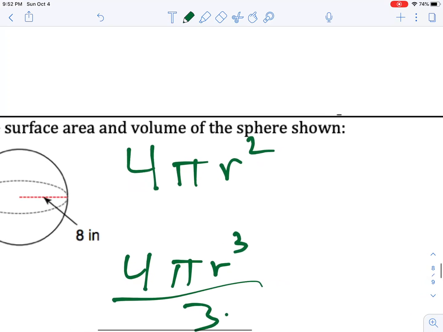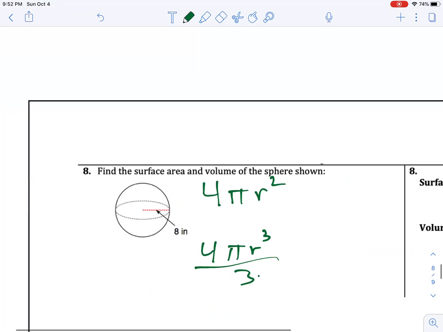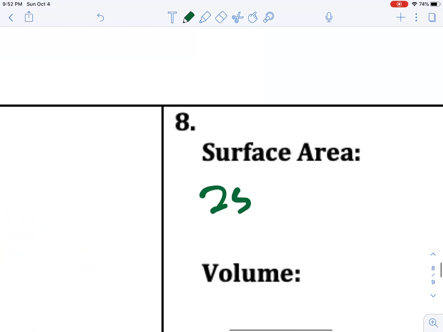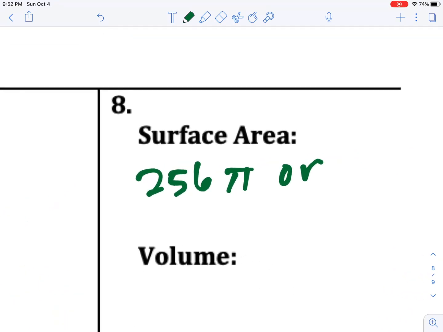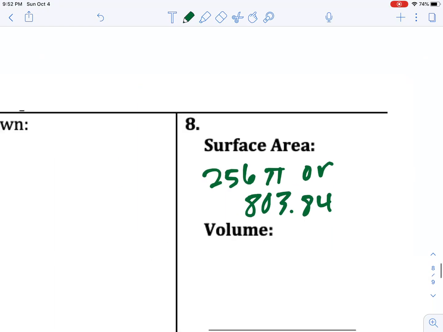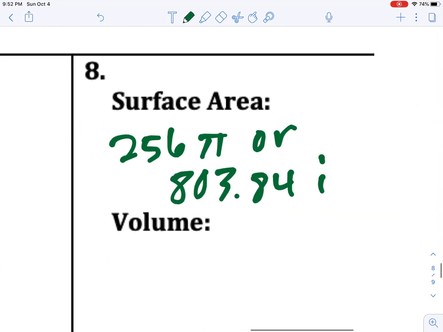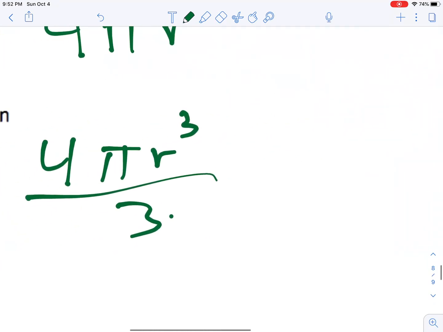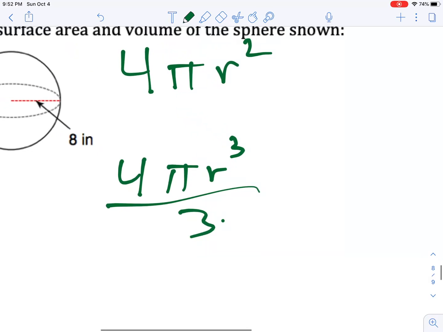Okay, so we're going to substitute 8 in. 8 squared is 64. 64 times 4 gives you 256 pi, or approximately 804.84 square inches. Volume is 4 times 8 cubed.